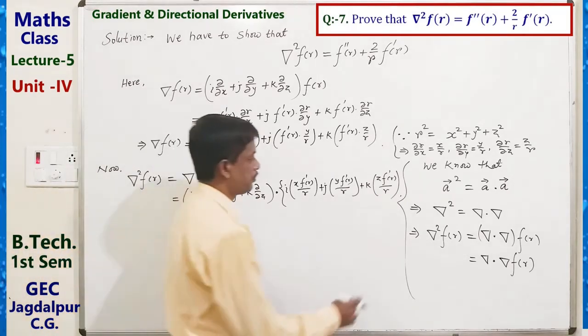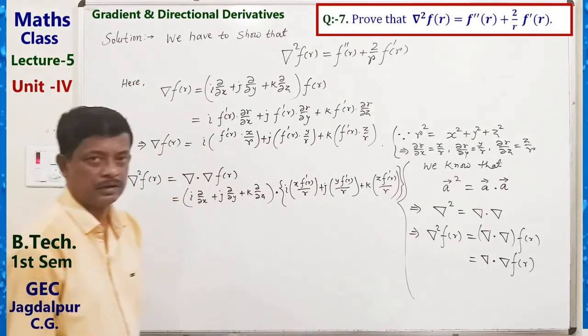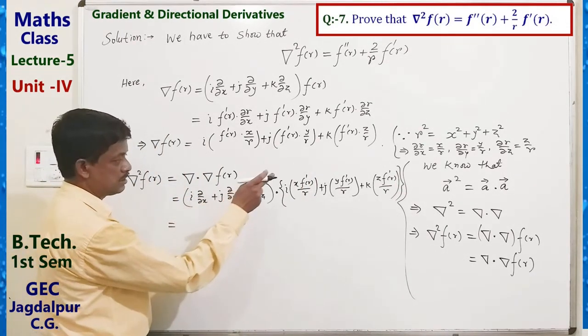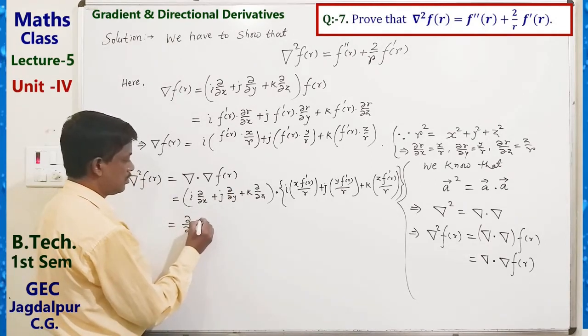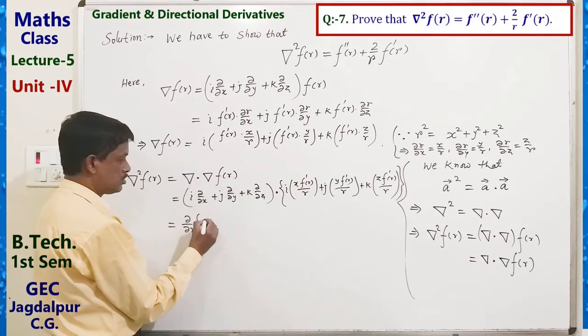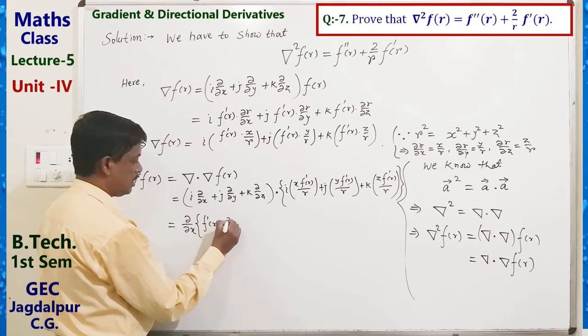Clear? Like this. Now the dot product gives what? Del by del x of the i component, so f dash r, product of x by r.